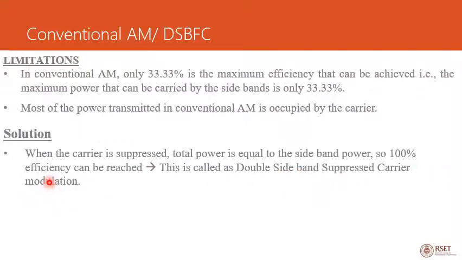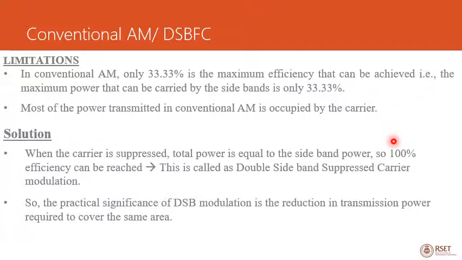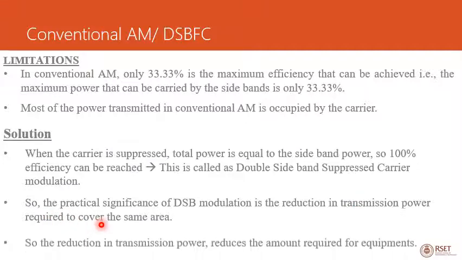If we are able to suppress the carrier and transmit both sidebands, then the efficiency can be 100%. The practical significance of double sideband modulation is the reduction in transmission power required to cover the same area. The reduction in transmission power also reduces the cost required for the equipment.